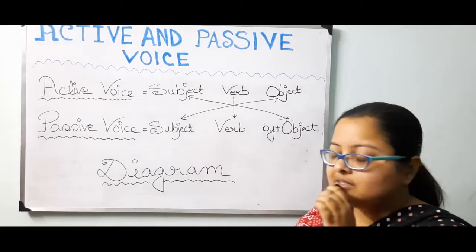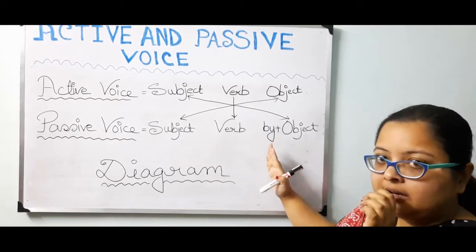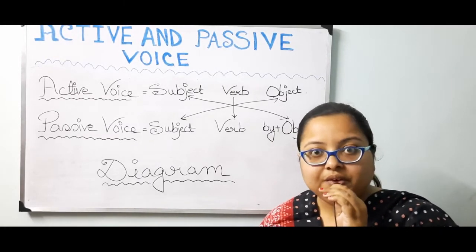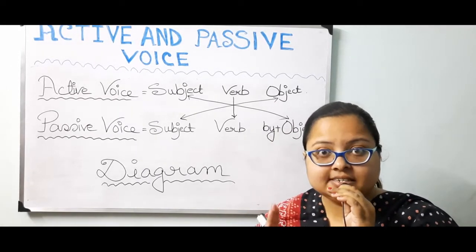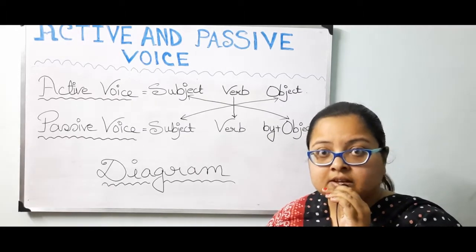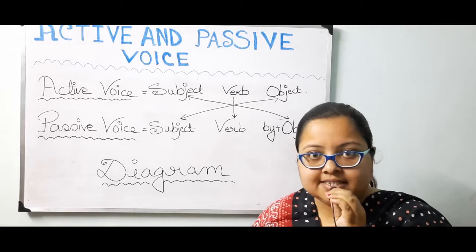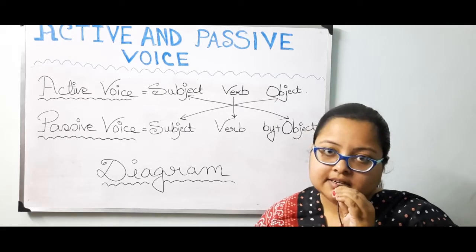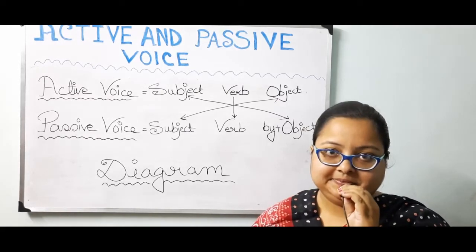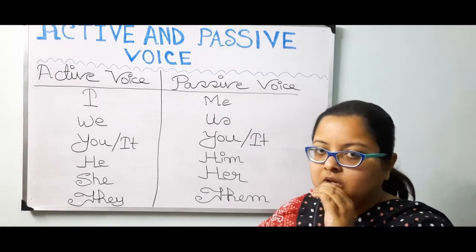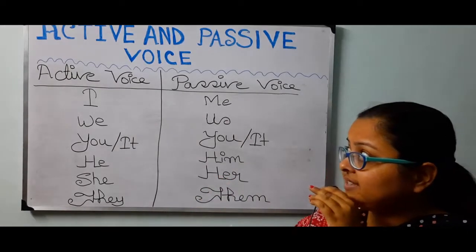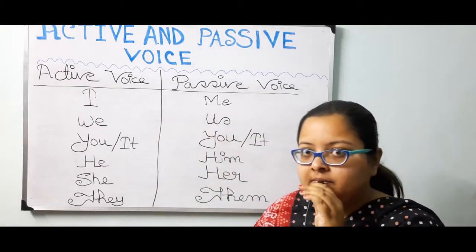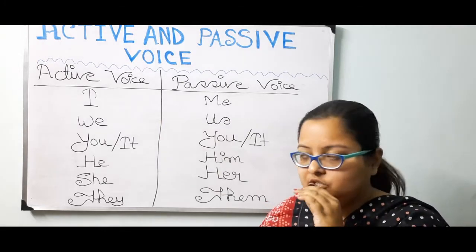As I have told you, students, according to the format, by will be before that. And students, for each and every sentence, we have to keep the tense intact. In converting a sentence from active to passive, we have to keep its tense intact. When some words go from the subject of the active voice to the object of the passive voice, their forms will be changed.